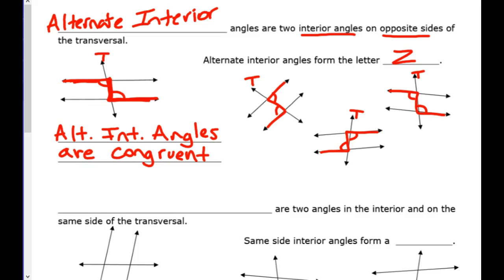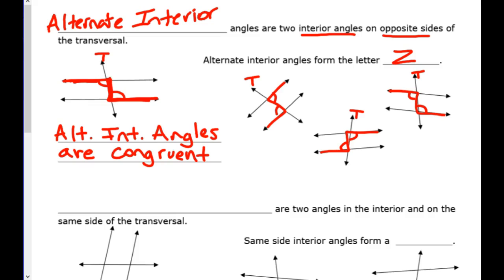Any one of these relationships that says the word alternate in it, those are all congruent. So far, corresponding, we're congruent. Alternate interior are congruent.